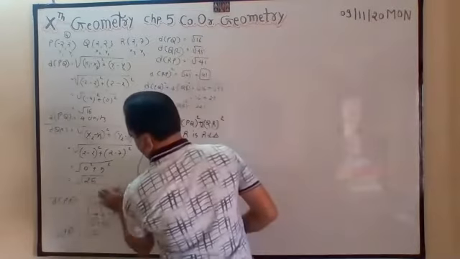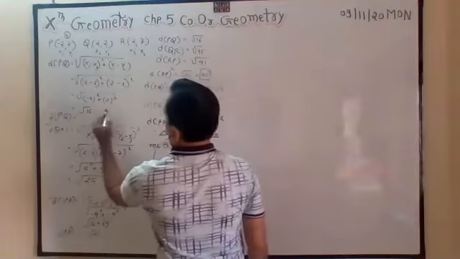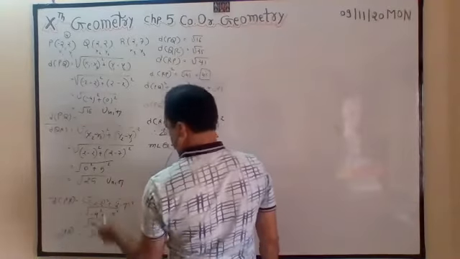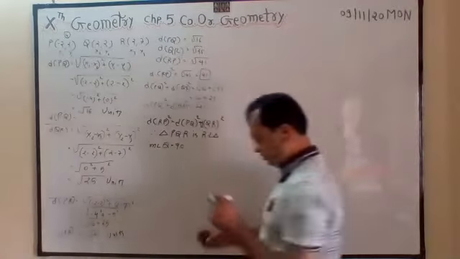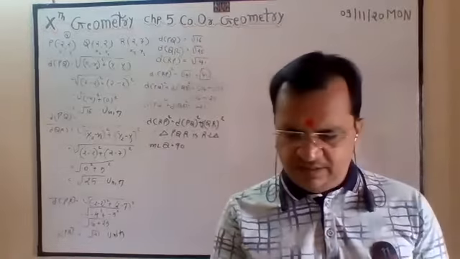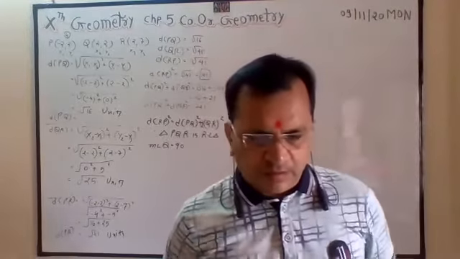We just have to remove the root. Then it's okay. Square of this plus square of this is equal to square of this. Simple. If any doubt, you can raise your hand and ask.